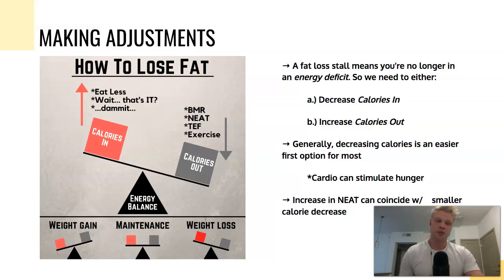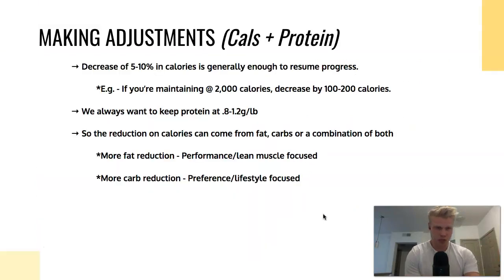Now, if your steps are relatively low, so if your NEAT is relatively low, and you feel like you can ramp that up without it taking much from your life, often we'll do both a small decrease in calories and ramp up your step goal by, say, 2,000. That's a viable option, but if you don't feel like that's something you can do, generally for this first adjustment I like to decrease calories, which is what we're going to really focus on in the rest of today.